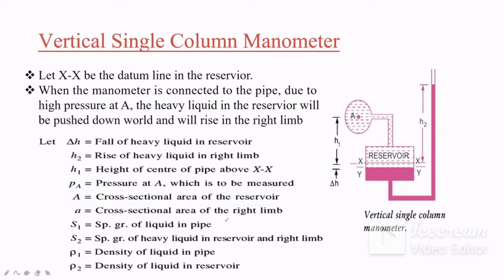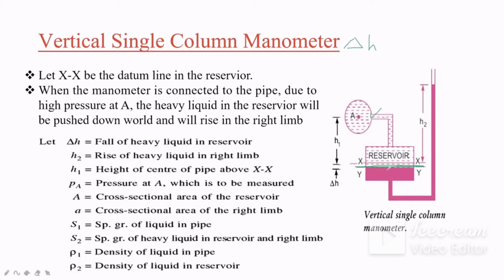After finding delta H equal to a H2 by A, we have to consider the datum line YY, where the reservoir liquid ends and where it has fallen.